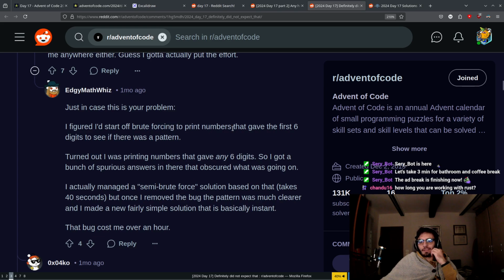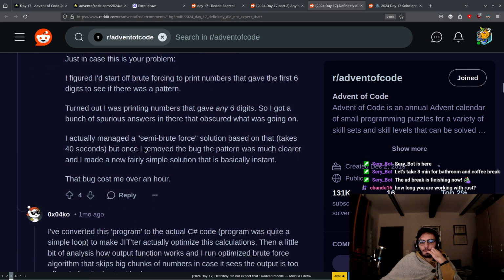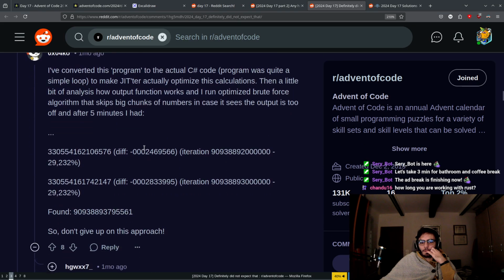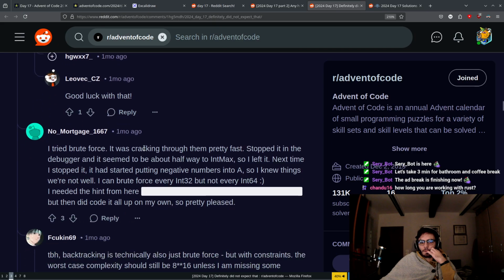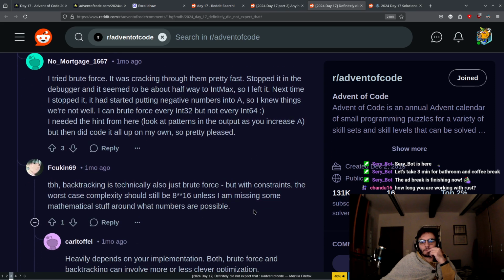Browsing, I printed the first 6 digits to see if there was a pattern. Look at the pattern of increase as you increase A. It could be a backtracking technique.